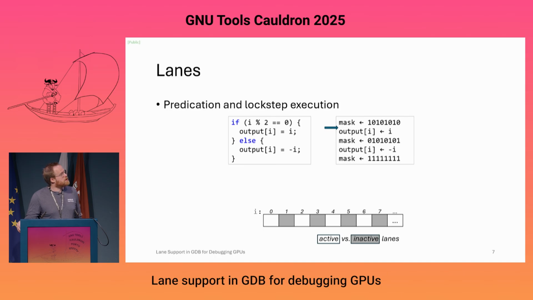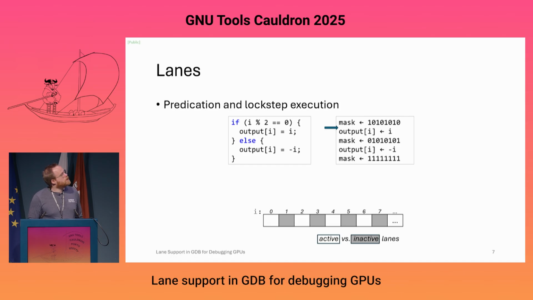So it's pretty much like you replaced your instruction with a NOP for that particular lane. So here, we've executed our condition, is I even or not? It's true for 0, 2, 4, 6, and so on. It's false for 1, 3, 5, 7, and the rest.